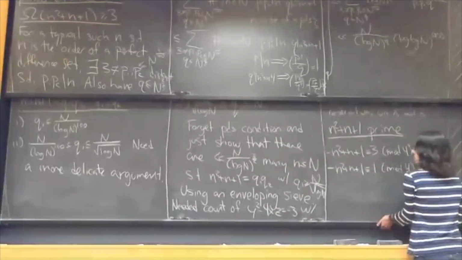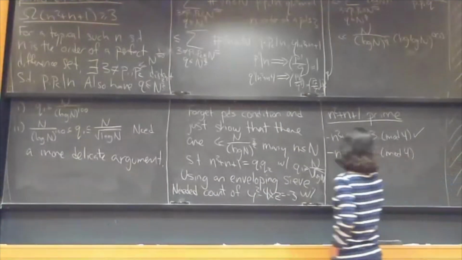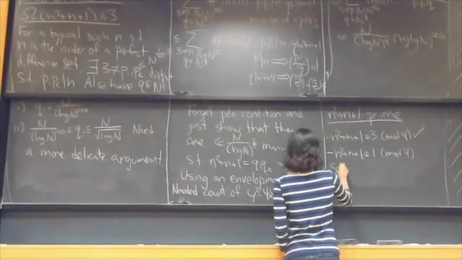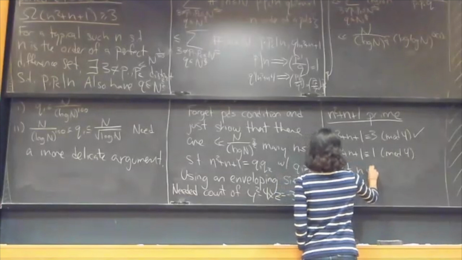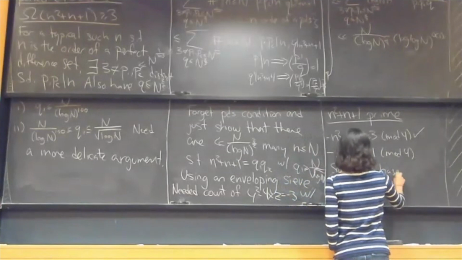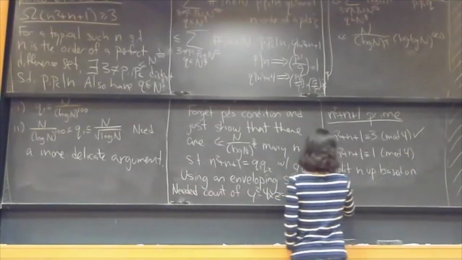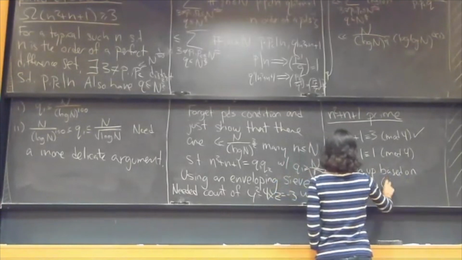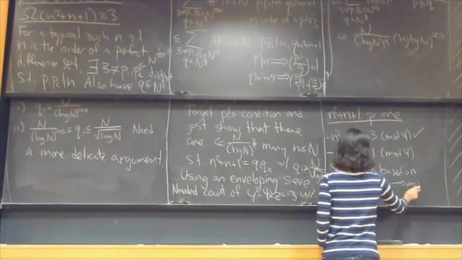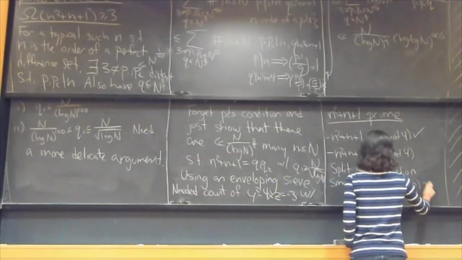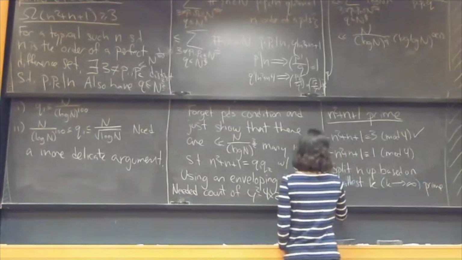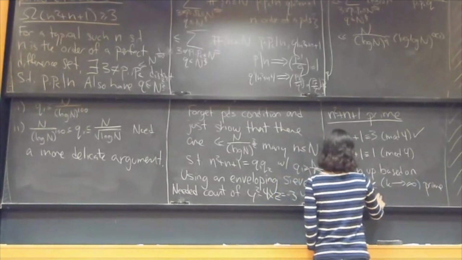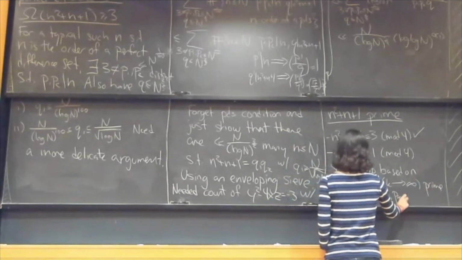And the idea for this case is, you split the n based on the smallest k prime factors, p1 up to pk, for some k going to infinity really slowly with n.